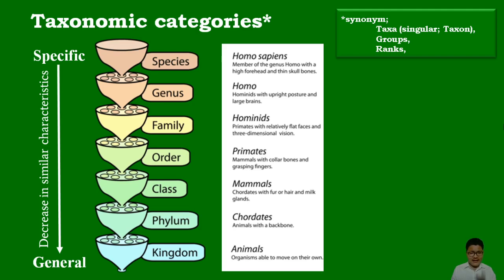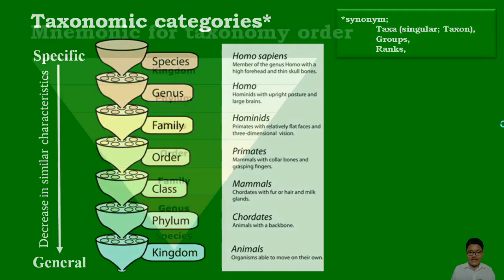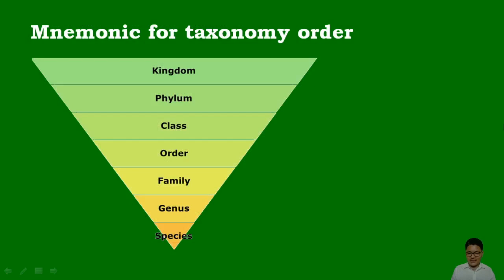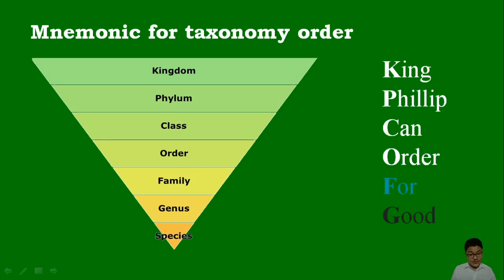These are the taxonomical hierarchy for classification of living organisms. But it's a little bit difficult to remember all these terms in order. For doing that, we have a mnemonic device to remember the order. King Philip can order for good soup.